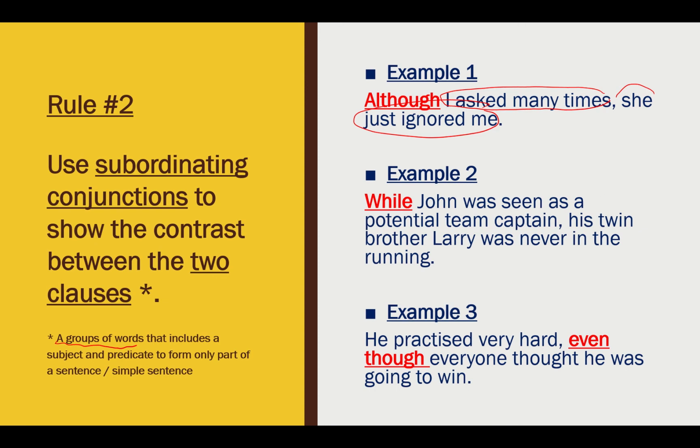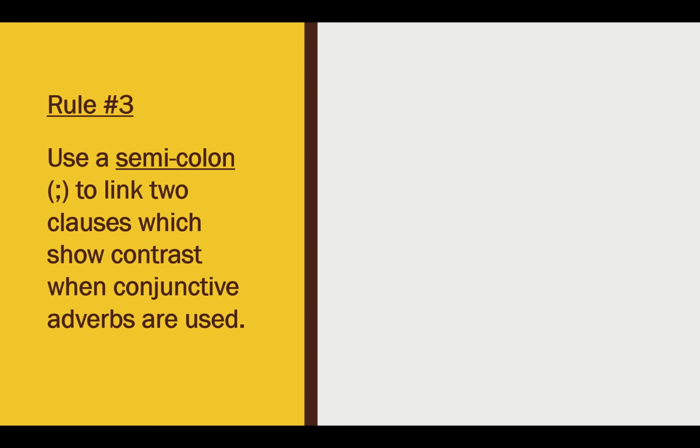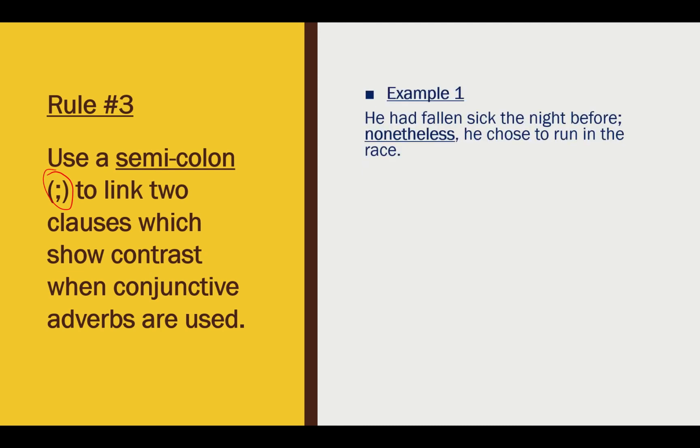Let's move on to rule number 3. Rule number 3 says, use the semicolon to link two clauses which show contrasts when conjunctive adverbs are used. Sounds a little bit complicated, but let's look at an example.